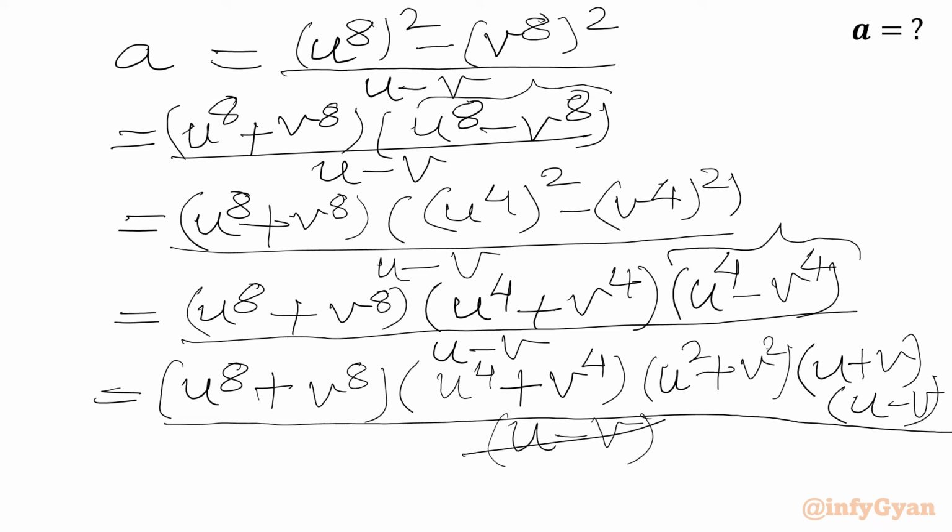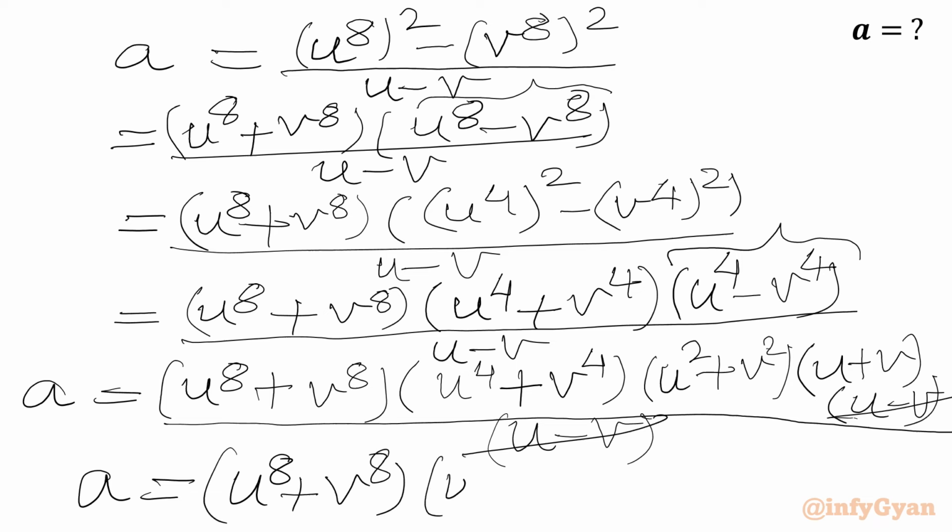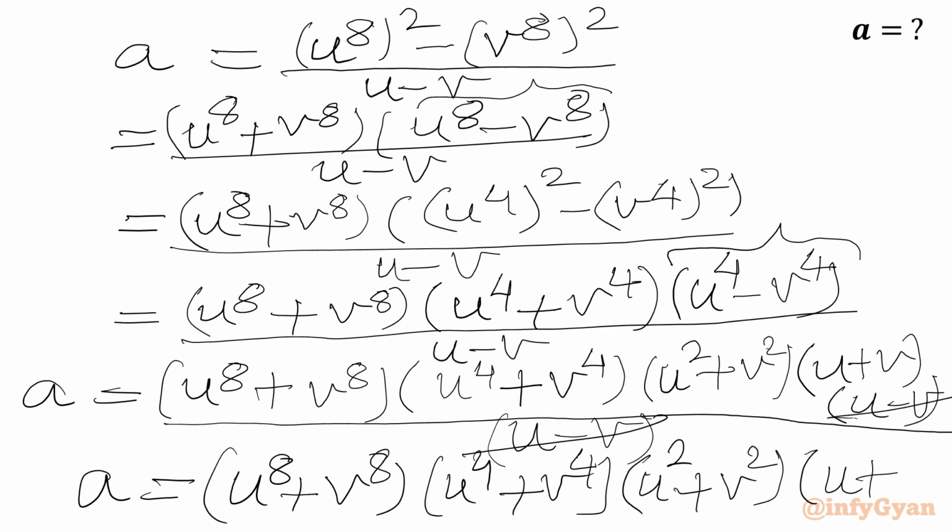Now we can cancel u minus v from numerator and denominator. So the value of A would be, let me write here itself, (u^8 + v^8) times (u^4 + v^4) times (u^2 + v^2) times (u + v).